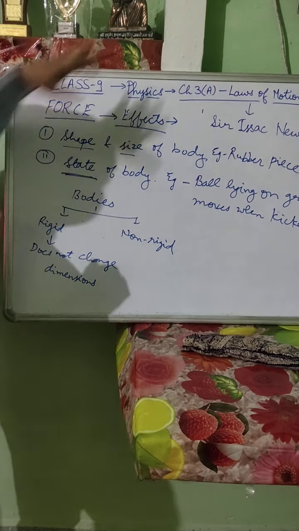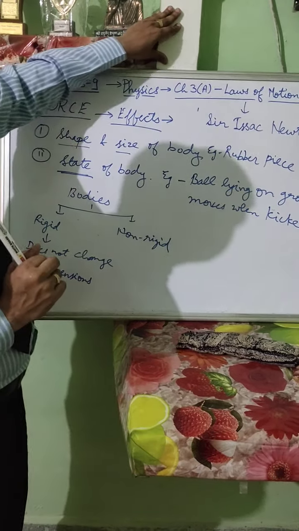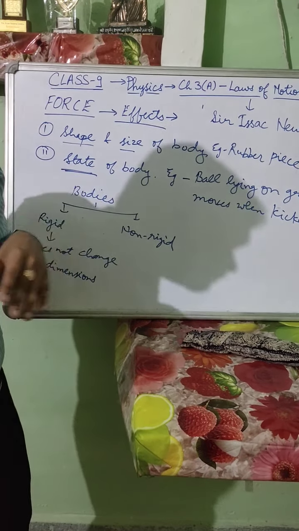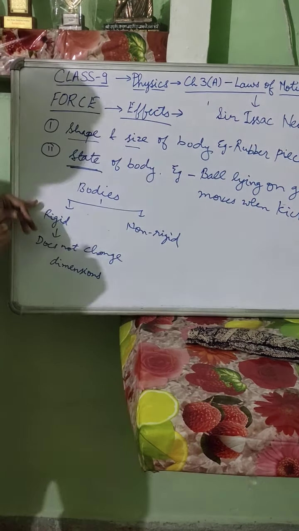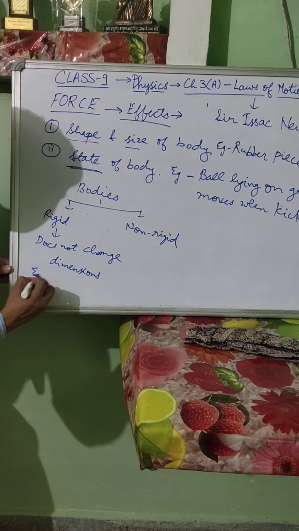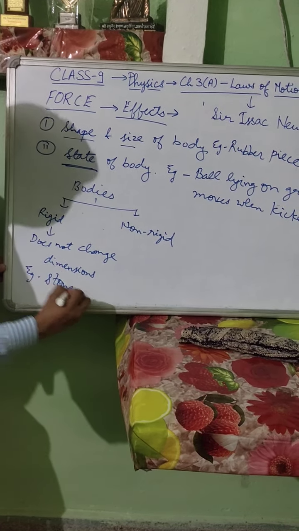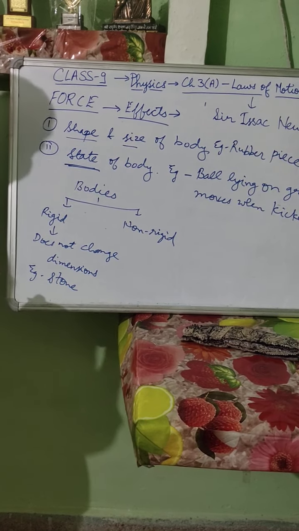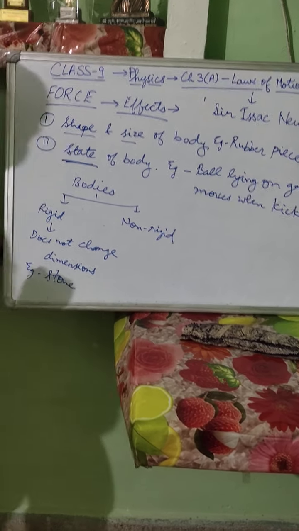Likewise, you can see this is the wall. If I apply force, is it changing its dimensions? No. Therefore, these types of bodies come in the category of rigid bodies. Examples: stone, wall, all these come in the category of rigid bodies.